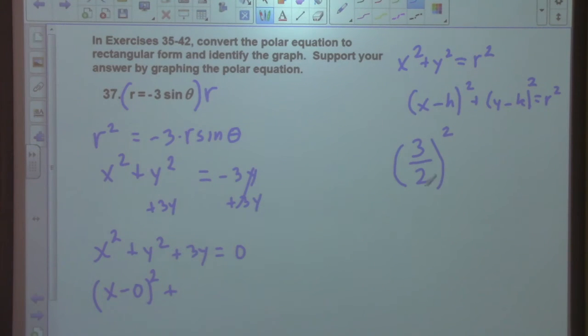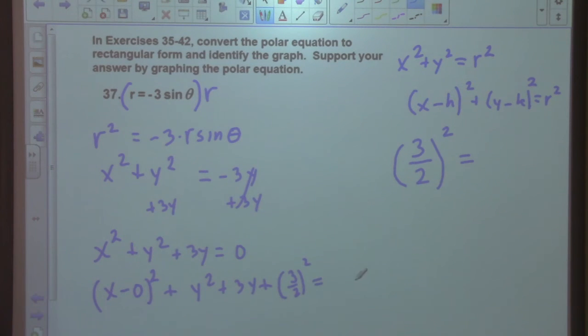And we take 3 over 2 squared, what do we get? Well, I'm just going to put it in as 3 over 2 squared. It's going to be 9/4, right? But I'm going to put 3 over 2 squared. So what I'm going to do is, I'm going to write it here. So we're going to get y squared plus 3y plus 9/4, which is, I'm just going to put this in as 3 over 2 squared.